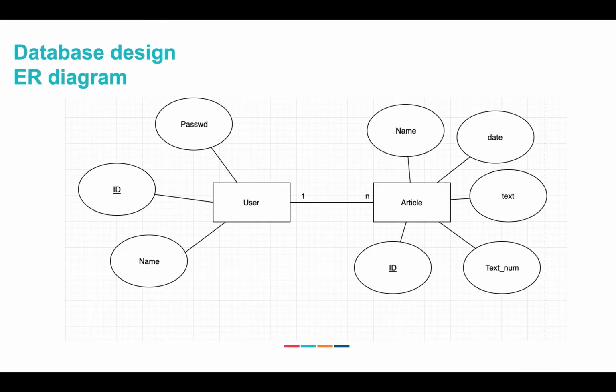And the database design is here, and this is the ER diagram. We have two tables in our database. The first one is the user table. It has three attributes: password, ID, and name. The ID is the primary key of the user table, and the other table is article.